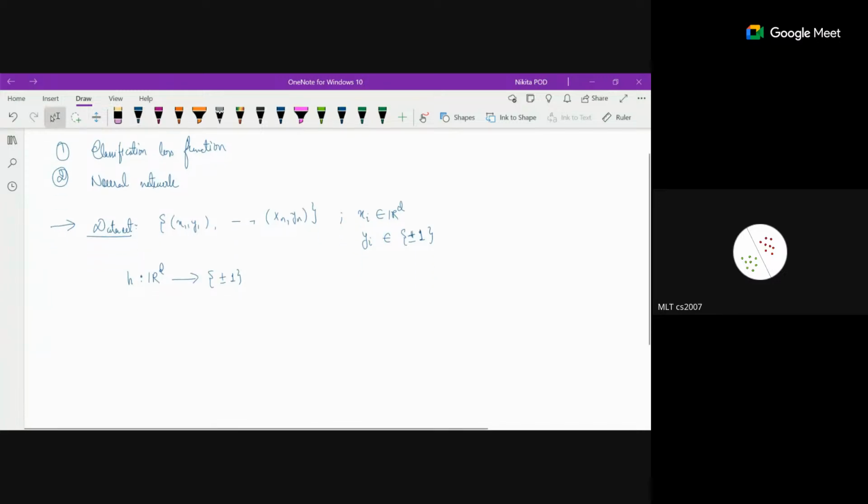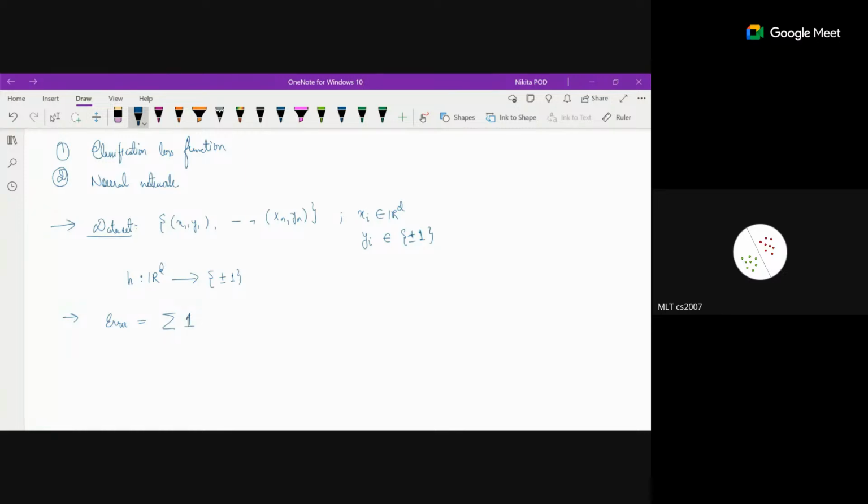So to check the performance of this function h that we have achieved, we are going to look at the error. So how do we define this error? We defined it as some indicator function.